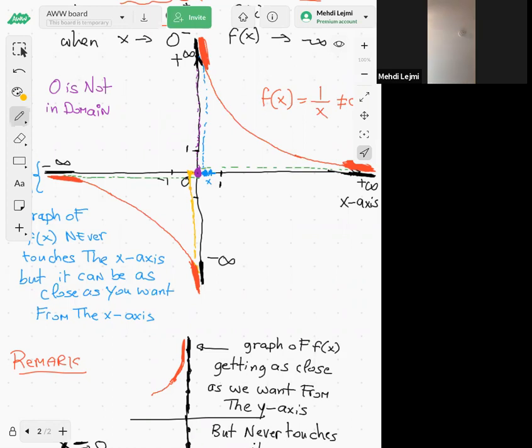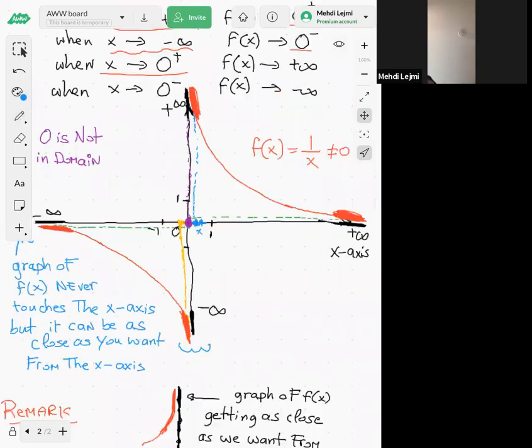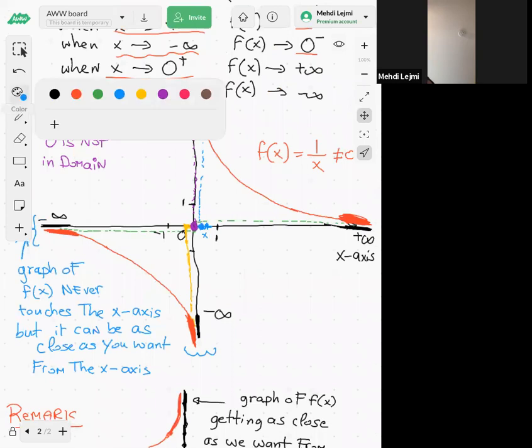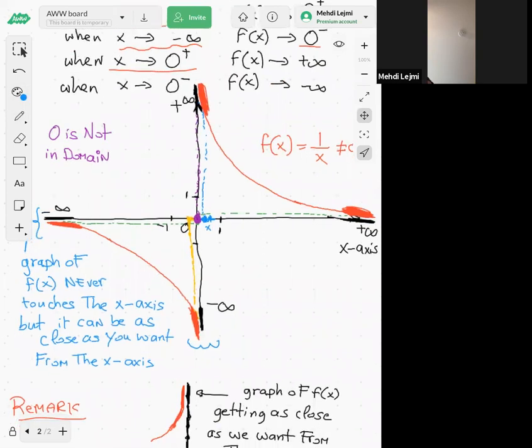So your y-axis is actually a vertical asymptote. The same here at the top, but at positive infinity. So your graph is getting as close as you want to the y-axis, but never touches the y-axis. So that's why I call the y-axis a vertical asymptote.